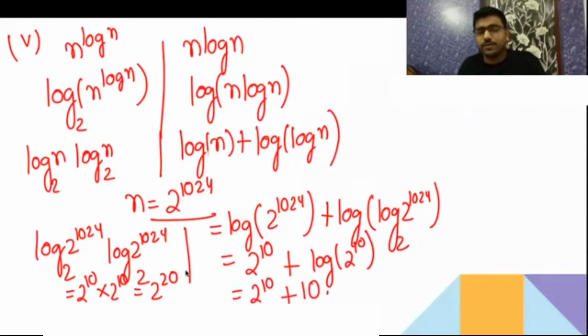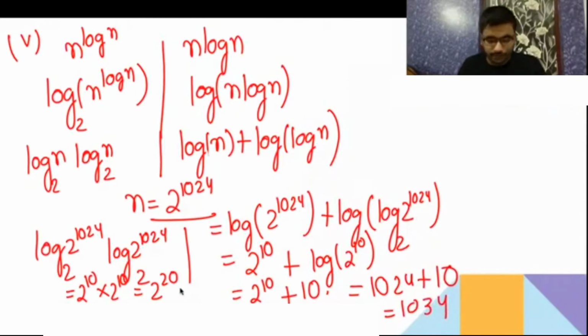See, this is going to be so much bigger a number. It's 2 to the power 10, that is 1024, plus 10, just 1034. Am I clear? So it's going to be 2 to the power 20. Please let me know whether it is clear. So this one is going to be the bigger, so this is going to be the big O.